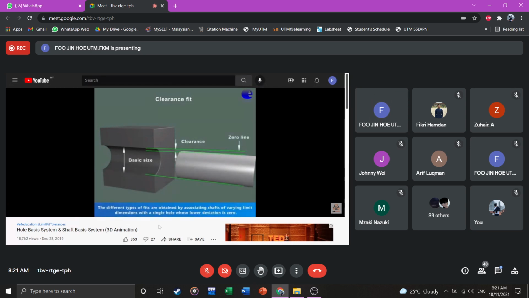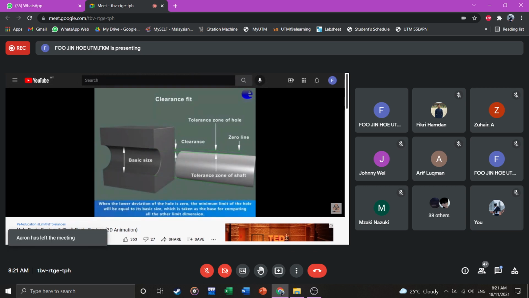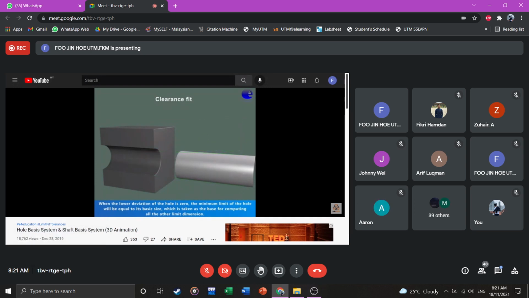Zero line, tolerance zone of hole, tolerance zone of shaft. When the lower deviation of the hole is 0, the minimum limit of the hole will be equal to its basic size, which is taken as the base for computing all the other limit dimensions.